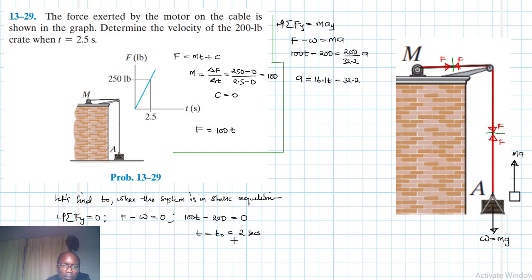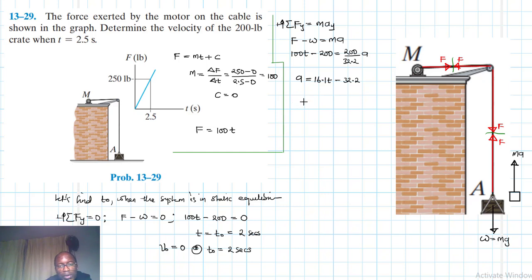So this is the time when our v naught is equal to 0. So v naught is equal to 0 at t naught equal to 2 seconds. And we want to use this in our kinematic equation to compute the final velocity.